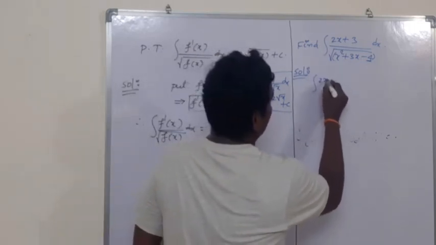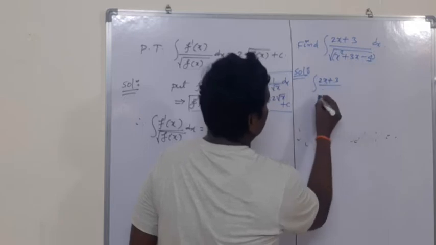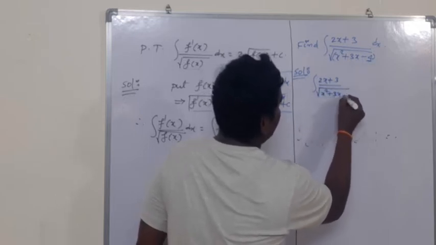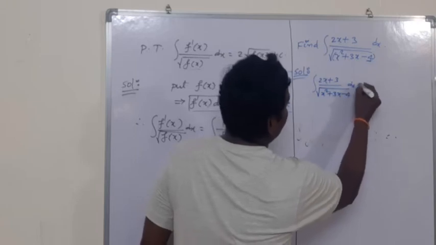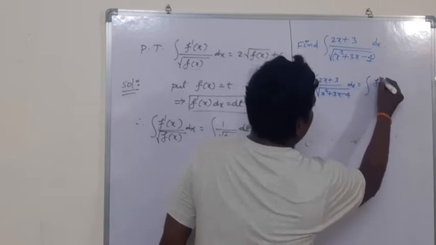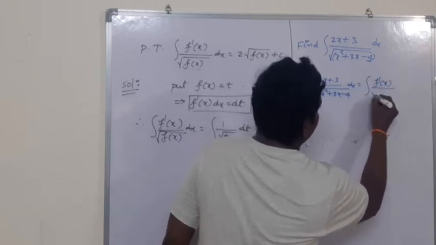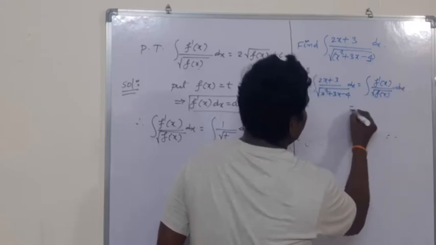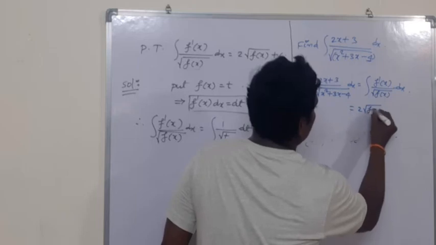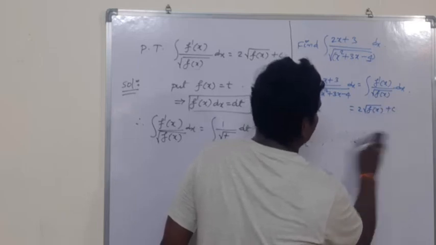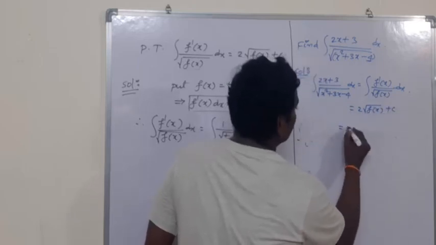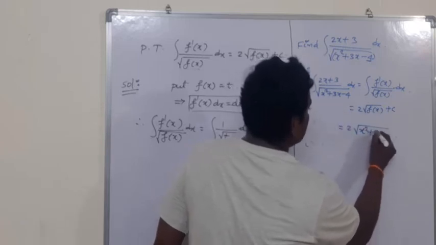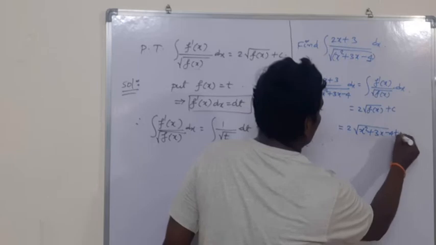That's why 2x plus 3 by root over x square plus 3x minus 4 dx can be written as f dash of x by root f of x dx. So the result is 2 root f of x plus c, that is equal to 2 root, what is f of x? x square plus 3x minus 4, plus c.